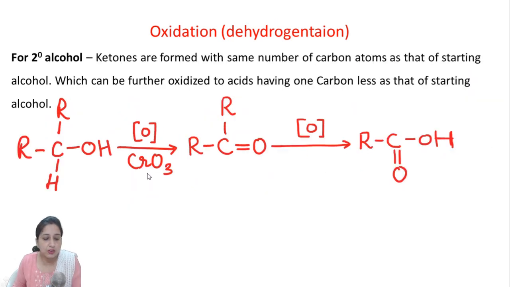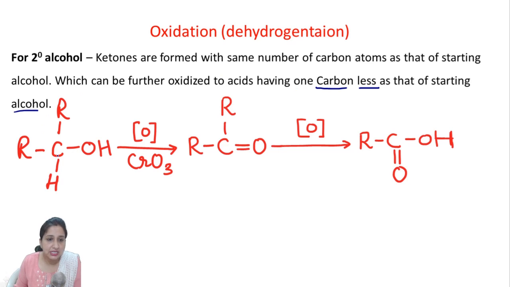But in case of 2 degree alcohols, we will get ketones as the first product and on further oxidation they release acids having 1 carbon less than that of the starting alcohol. Look beta, ketones are formed with the same number of carbon atoms as that of the starting alcohol, but acids have 1 carbon less than the starting alcohol.